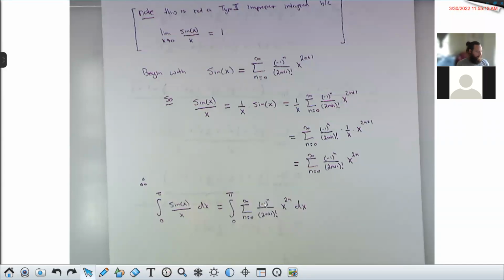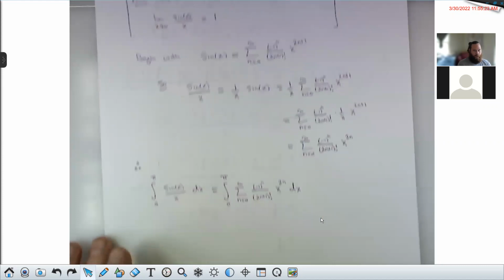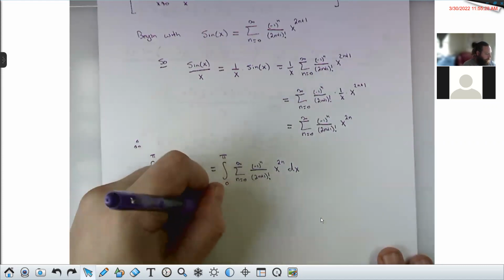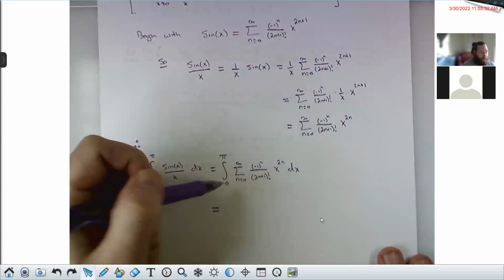The game, like the very first problem we looked at, is to just pretend like this isn't here. What we're really doing is integrating from 0 to pi x to the 2n. In other words, we're integrating the series one term at a time. Because this is a definite integral, not an indefinite integral, there will not be a plus c here.